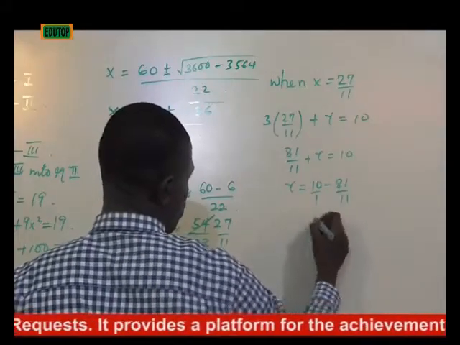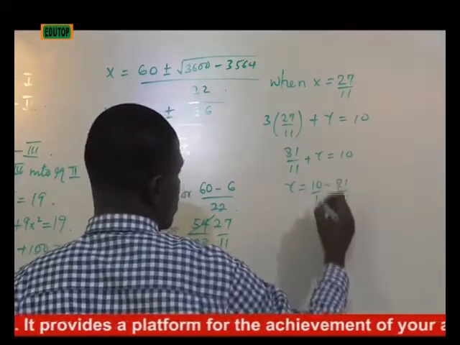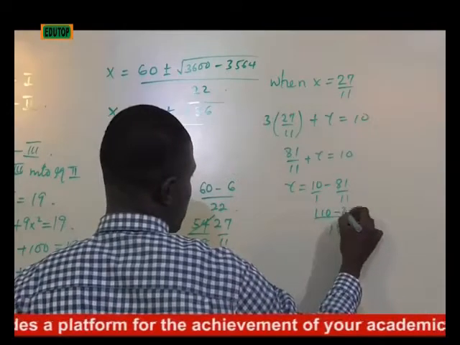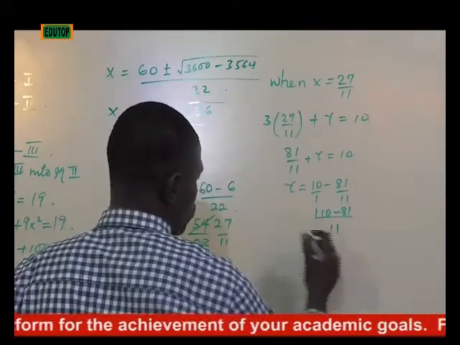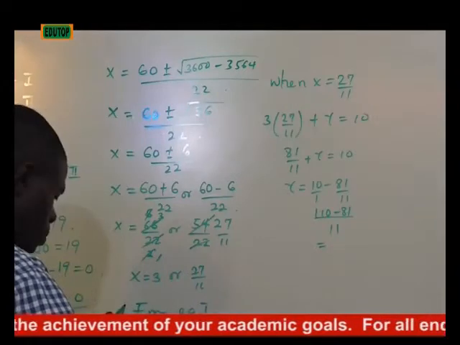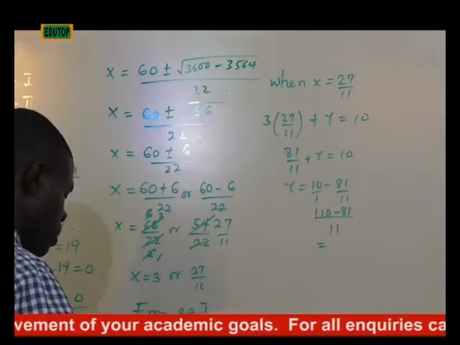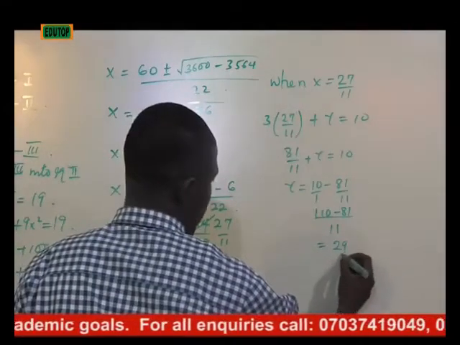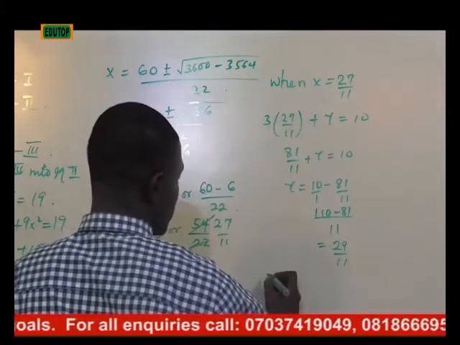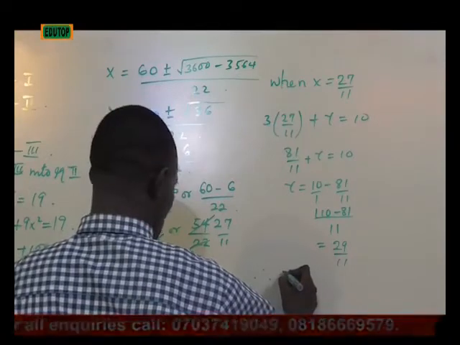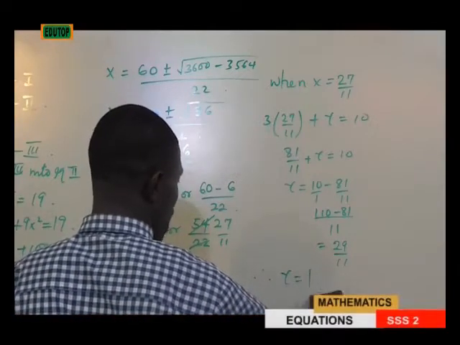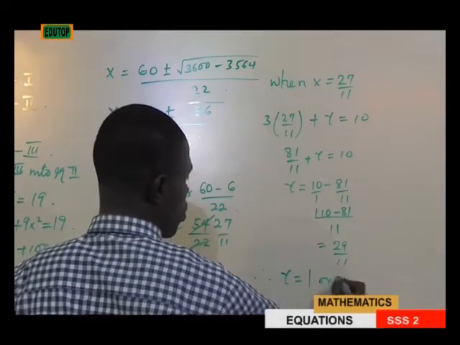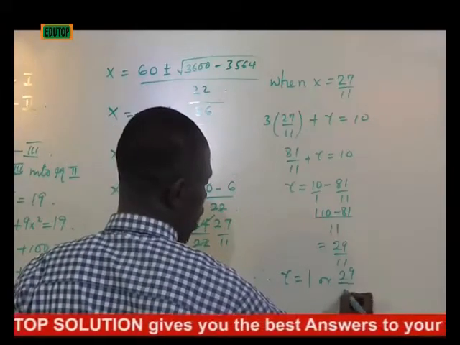We can also make this a fraction, and we look for the LCM. 11, this time is 110 minus 81, then we have 29. So we have 29 over 11. That means, therefore, our y equals 1 or 29 over 11.